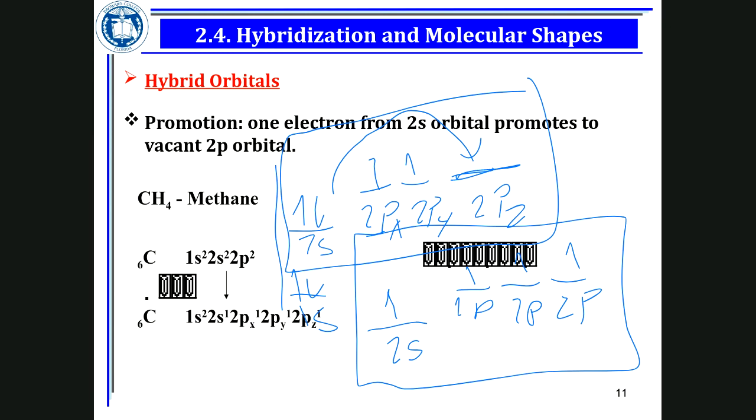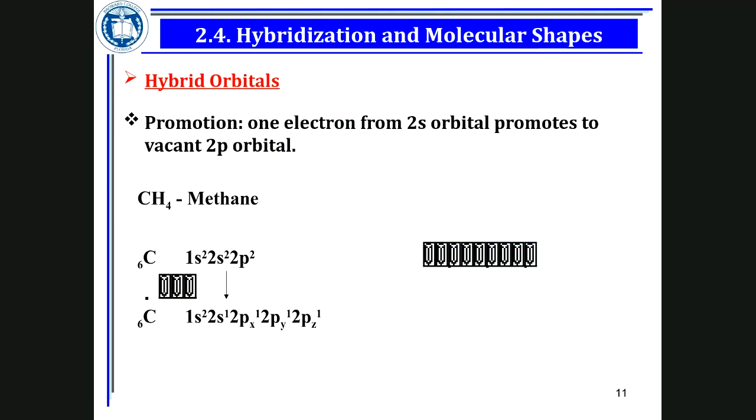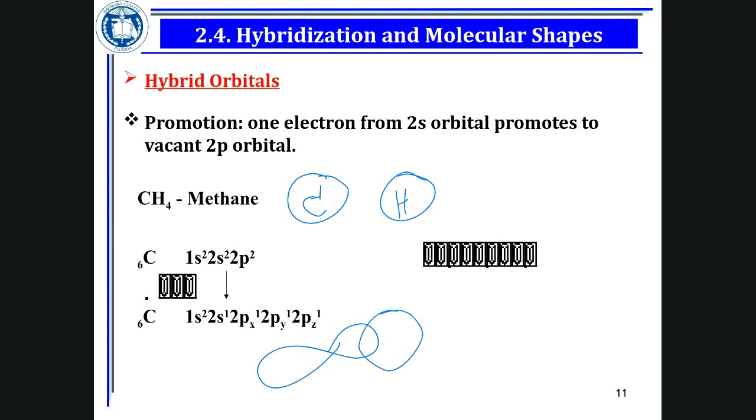So if we take this possibility for carbon and say that this is going to form the 4 bonds with the 4 different hydrogens, what is going to happen? You have the s orbital from carbon, and then you have the s orbital from hydrogen that is going to overlap. You have a p orbital from carbon forming a bond with the s orbital from hydrogen 2. So I'm going to put hydrogen 1, hydrogen 2.